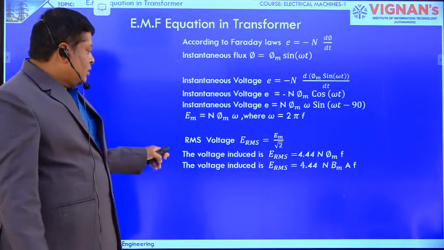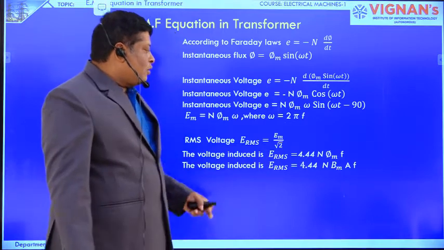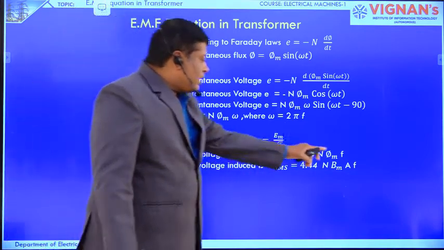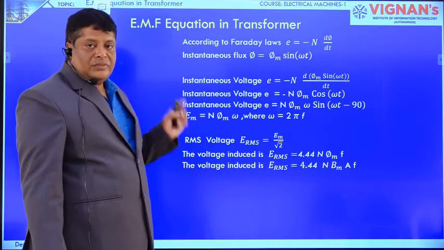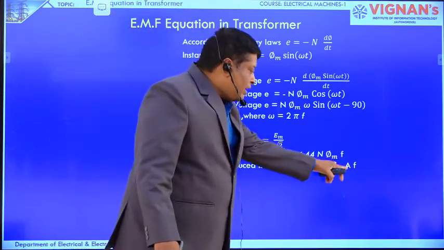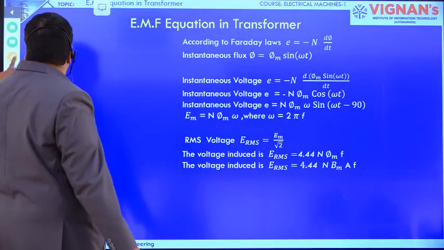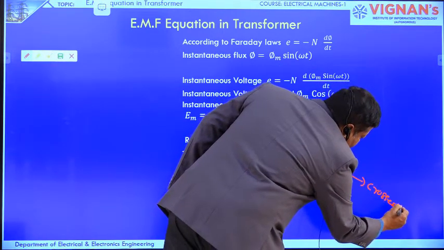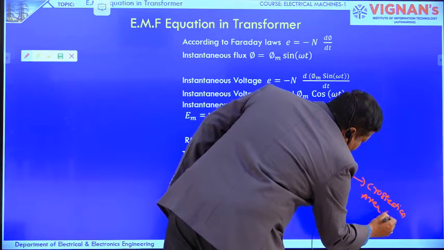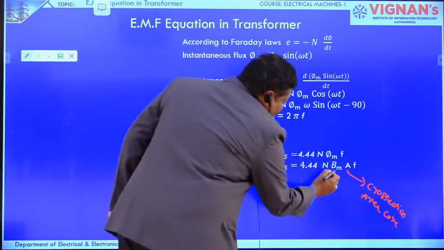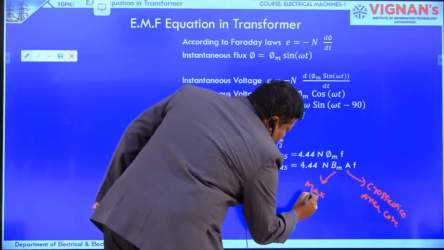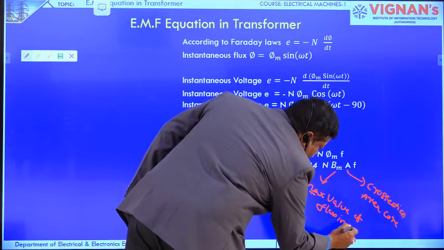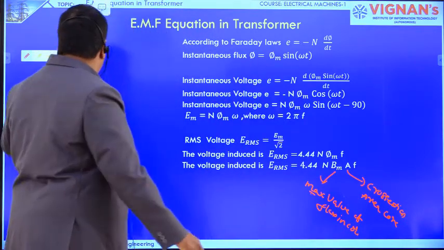The induced voltage is E RMS equal to 4.44 N Bm A f, where f is the frequency of supply, A is the cross-sectional area of the core, and Bm is the maximum value of flux density in the core.